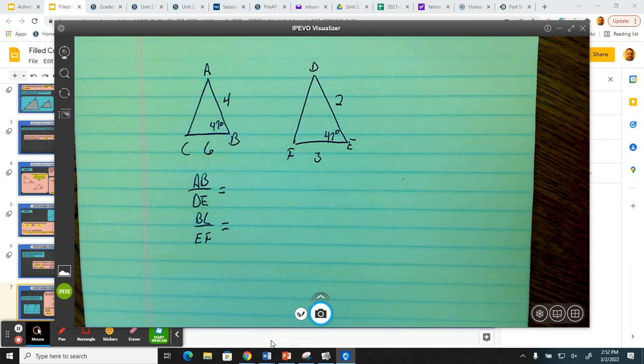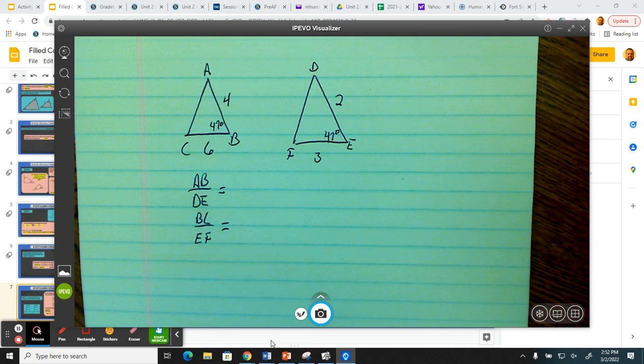Now, to prove similarity here, I don't have enough angles. I only have one angle. I do have the sides though. Now, you're not going to be given this on a test or in an assignment. They're not going to specifically tell you where things are, like the ratios. You have to know that AB corresponds with DE. You write the triangles down in that order, that's what's corresponding.